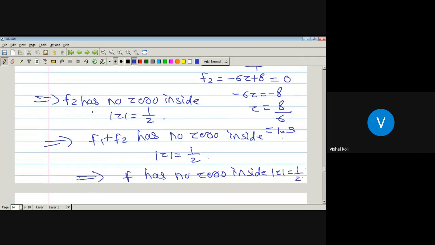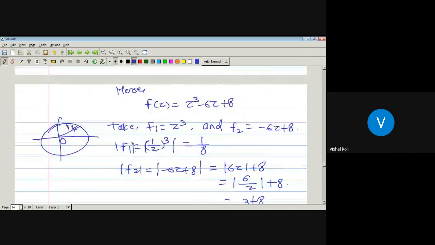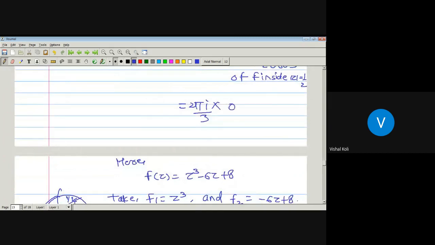As it has no zero, its value will be 2πi into 0, which is equal to 0. So the integral over the curve gamma of (z² − 2) divided by (z³ − 6z + 8) dz is equal to 0. In this way we can solve our problems.